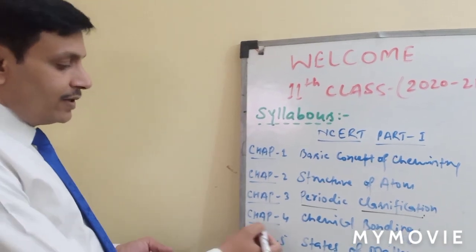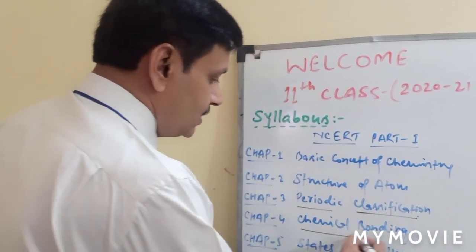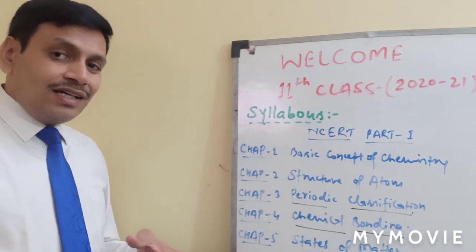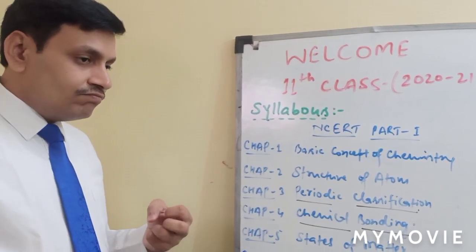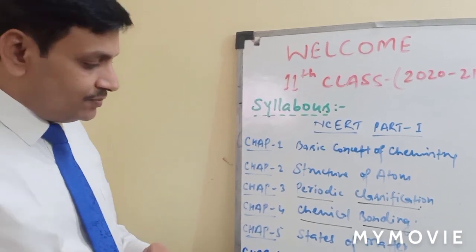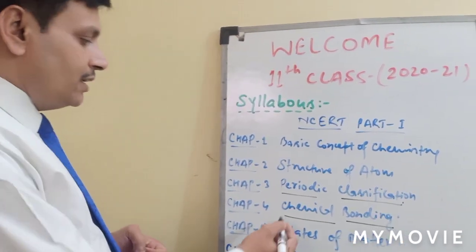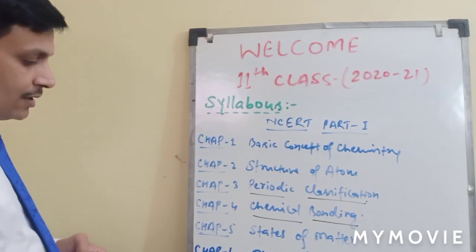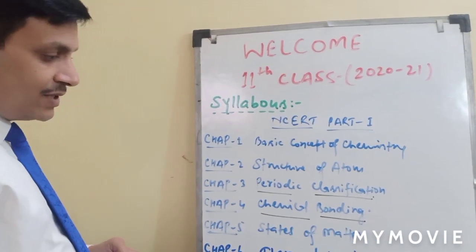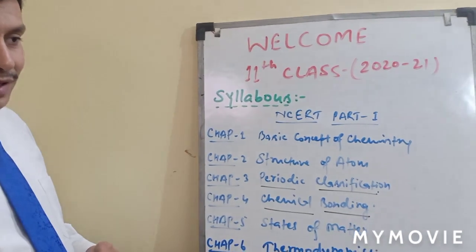Now, moving forward, the fourth chapter is chemical bonding. In this chapter, we will study the bond formation between two atoms in detail. Now, the fifth chapter, states of matter. This chapter contains the different states of matter.